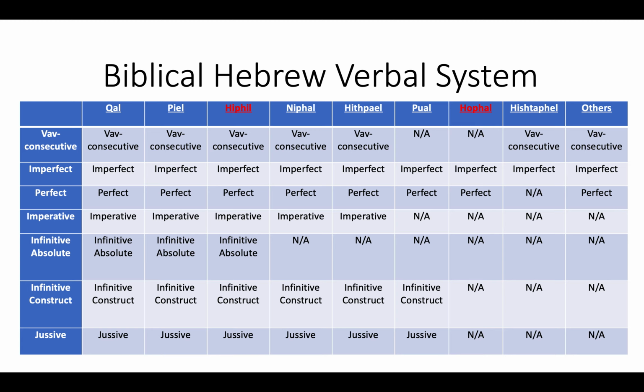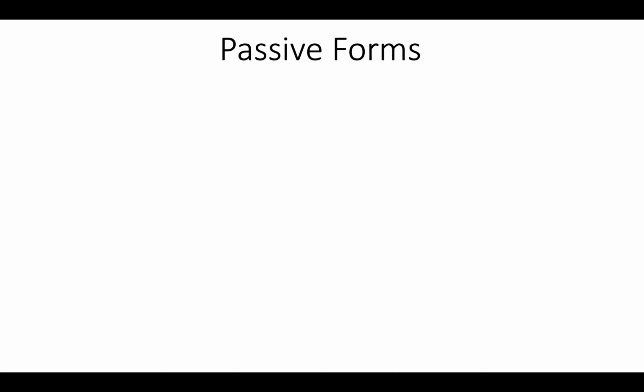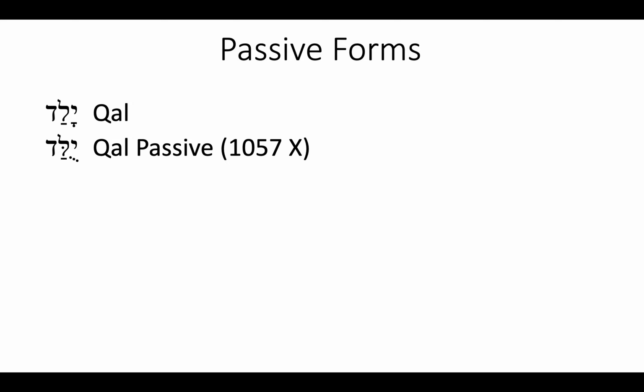So just to show you some examples of what these look like. Here's a Kal verb, yalad, which means to bear or to beget in kind of old King James English. So he begat would be yalad. But to say he was begotten would be yulad.